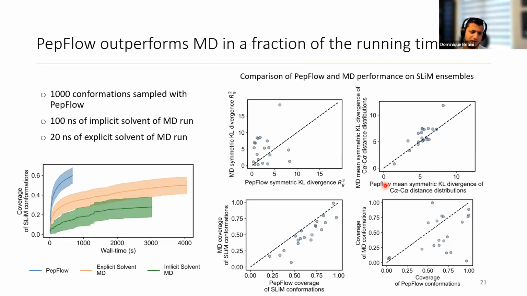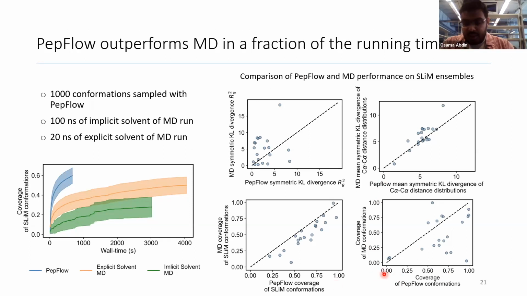Regarding that part, when you measure the coverage, it's kind of a metric of the recall, right? Like how many of the actual conformations you can find. But I don't know if maybe the KL divergence gives you any information about the precision, like whether the conformations that you sampled are actually the conformations of interest.